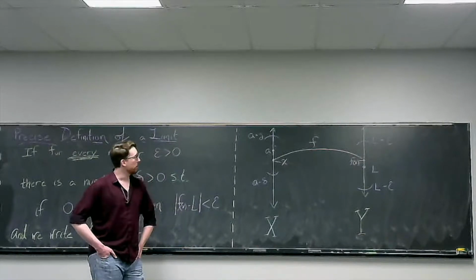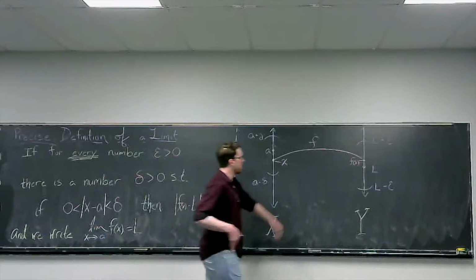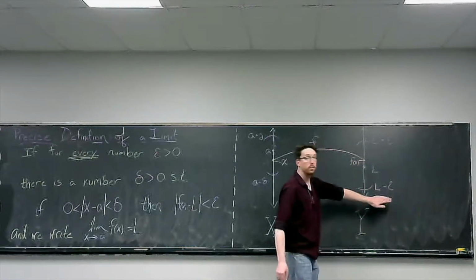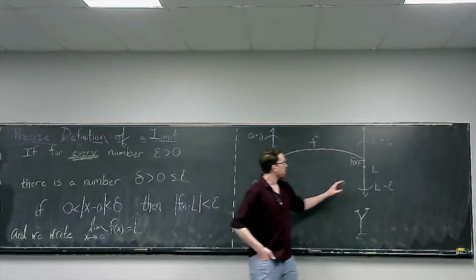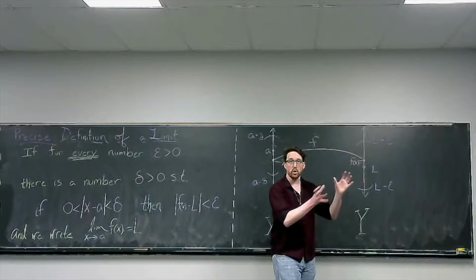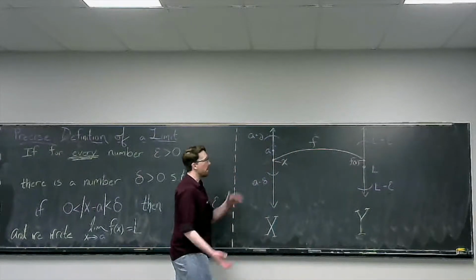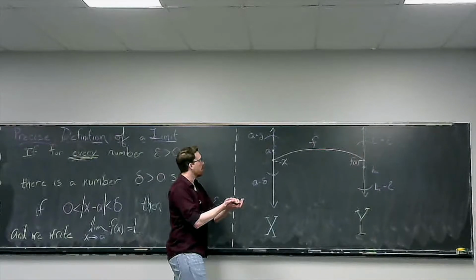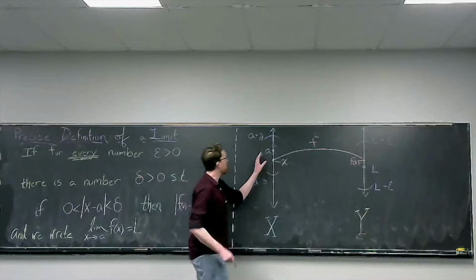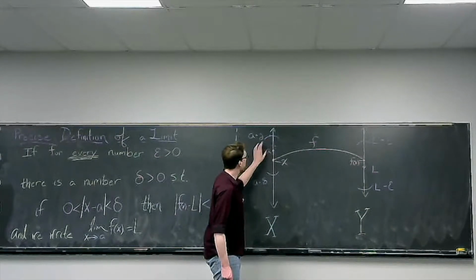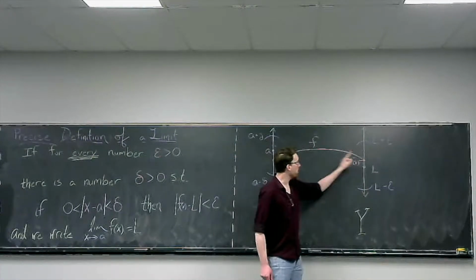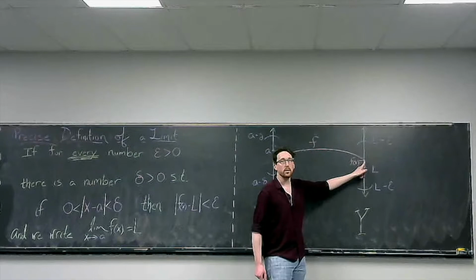In other words, if I were to start closing this in, so making epsilon smaller, meaning fewer values around L can be our target, if I were to start shrinking that down, then I can always find a delta such that when I center a ball around a and pick an x out of that ball, the function will always send values back to this.